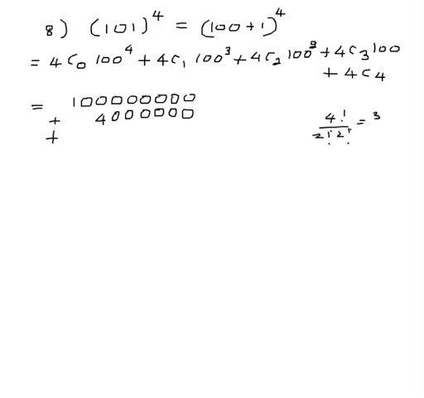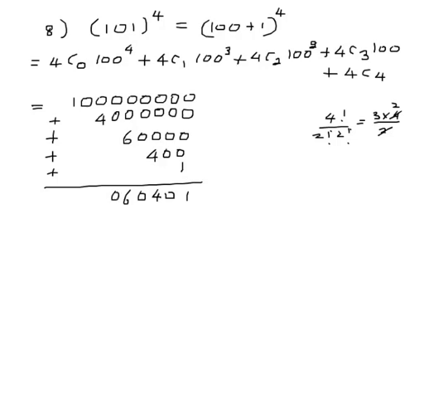Cancel 2 factorial. 3 times 4 divided by 2, which is 6. So 6 times 100 square. And then 4c3 is 4. 4 times 100, which is 400. And the last term is 4c4, which is 1. Let us add and write. And this is the answer.